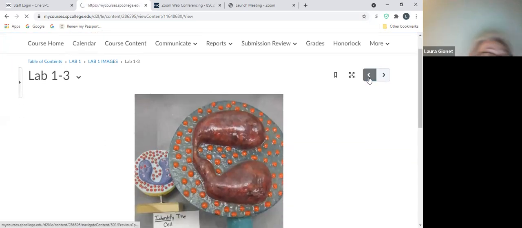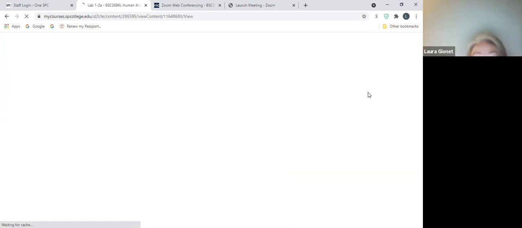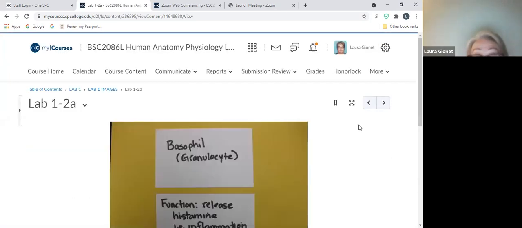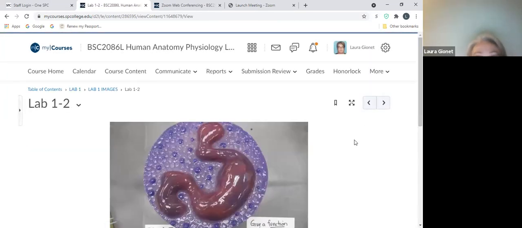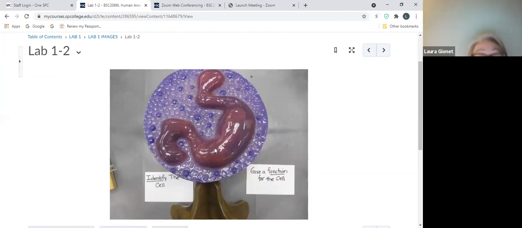That would be the non-specific immune system. But the ones we mostly show you and try to point to are either a neutrophil or a monocyte, or here our friend the basophil, because the basophil helps increase inflammation with histamine and heparin. So those are the more common ones.